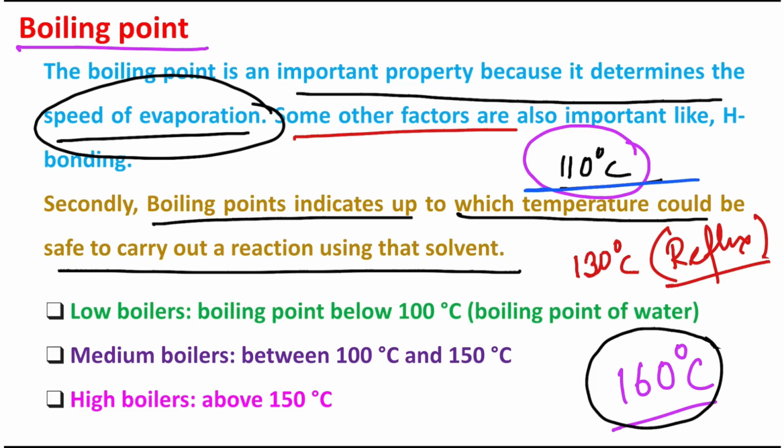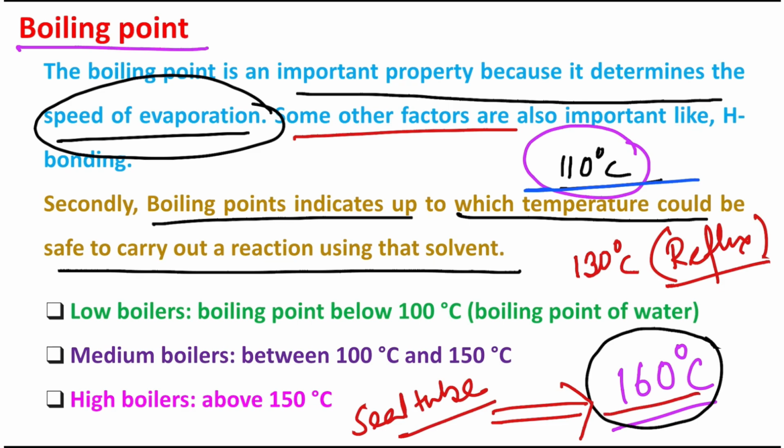So under normal refluxing condition you can't do the reaction, but there is another setup known as a sealed tube or high pressure tube. Using that setup you can do the reaction at 160 degrees centigrade using toluene solvent. I shall discuss it in some other lectures. So the boiling point indicates up to what temperature you can carry out the reaction with safety.